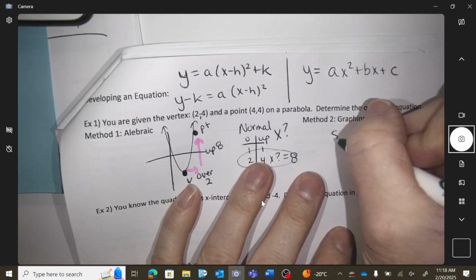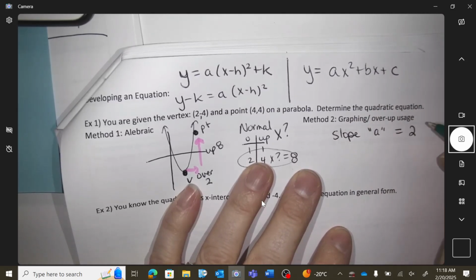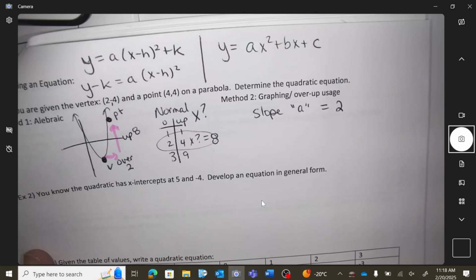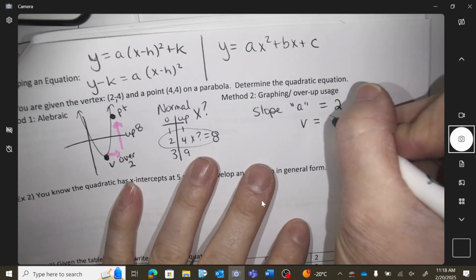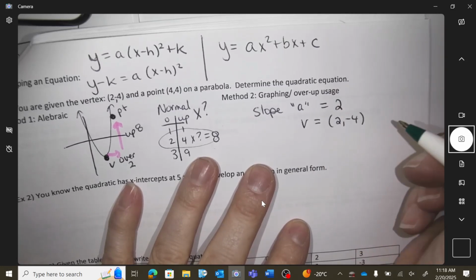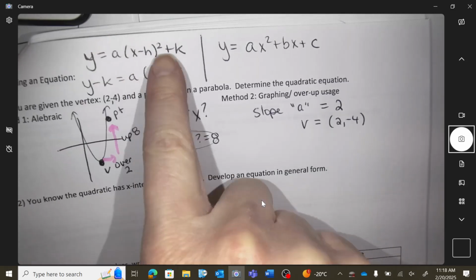So the slope multiplier was 2, and the vertex is 2, -4. So those are my big items. You always need to have a vertex, you always need to have a slope. Okay, so which form am I going to pick? I'm going to pick one of these ones.